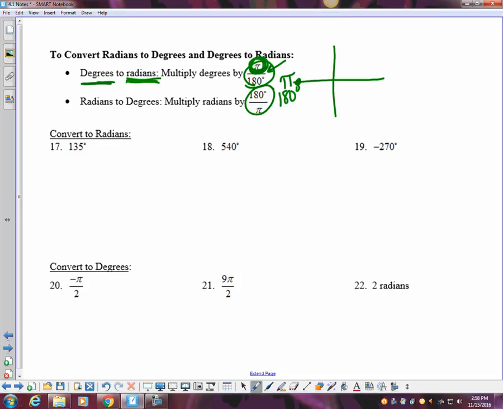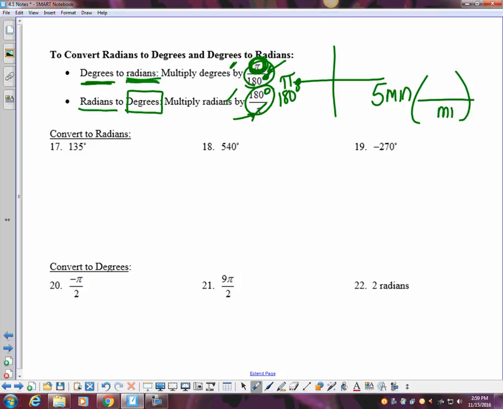I want to get rid of degrees, so I'm going to put my degrees on the bottom so that they cancel with whatever the original problem is. If I have radians, I want radians on the bottom, so my pi's will cancel. And I want to end up in degrees, so I want degrees on top. If I had 5 minutes and I wanted to convert it to seconds, would I put minutes on the top or on the bottom?